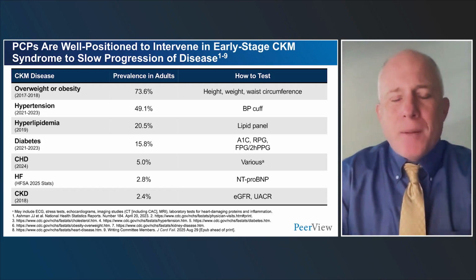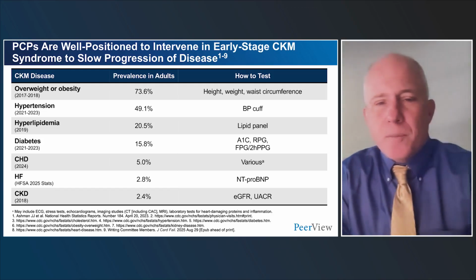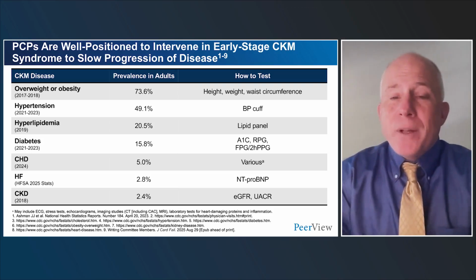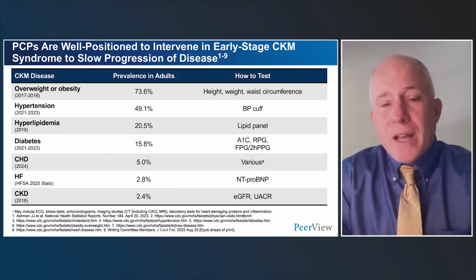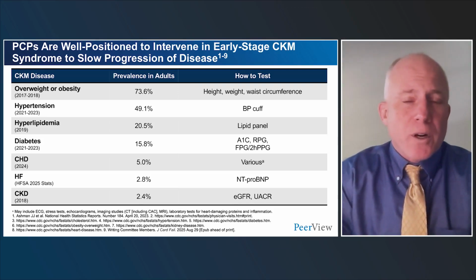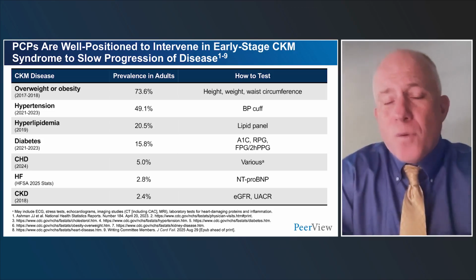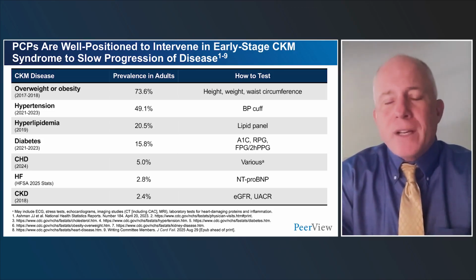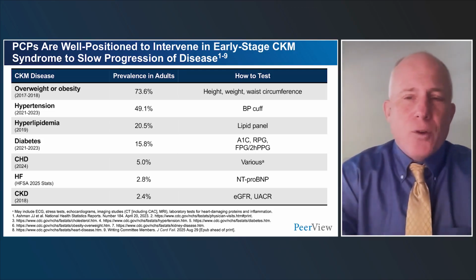Certainly, I think many people are familiar with checking blood pressure, lipids, and diabetes parameters. But we may be doing less than what we should for things like coronary heart disease. Are we doing some of the biomarkers for coronary heart disease? Are we looking for heart failure in the pre-symptomatic condition? And are we getting a full screening of chronic kidney disease that includes both eGFR and UACR?